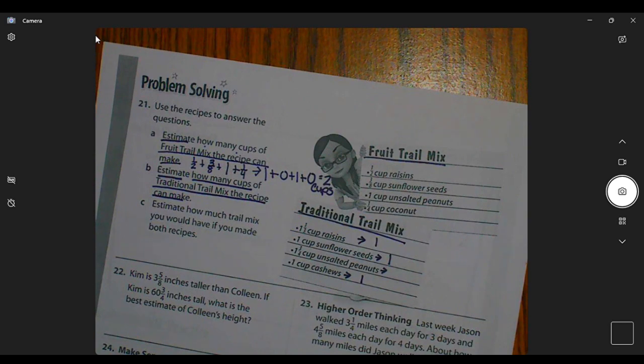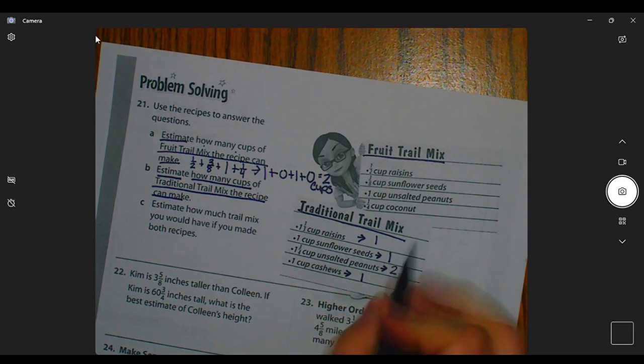Right, 1. So 1 3/4 rounds to 1 or 2? Right, 2.